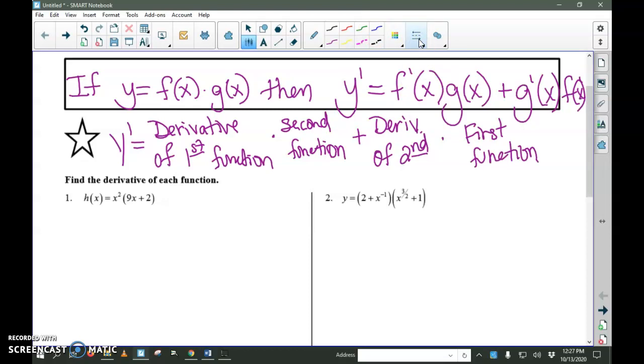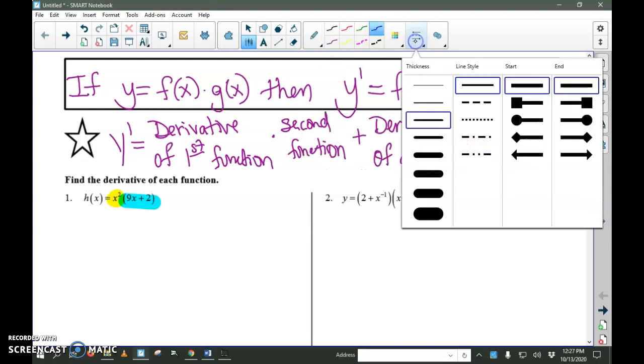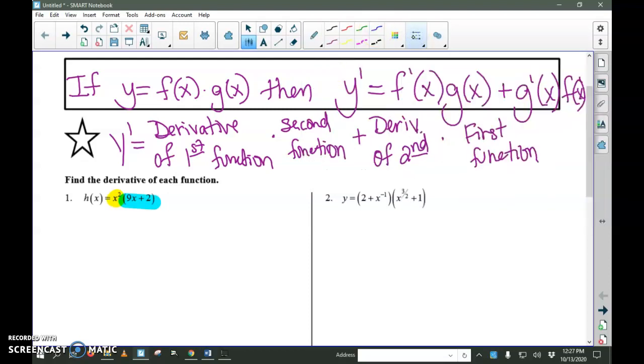So I'm going to go through these examples with you to see how this works. It says find the derivative of each function. We'll take a look. I have h of x equals x squared. That's one function, and it's being multiplied by a second function, 9x plus 2. There we go. So I have two functions, okay? It's like my f function is x squared.